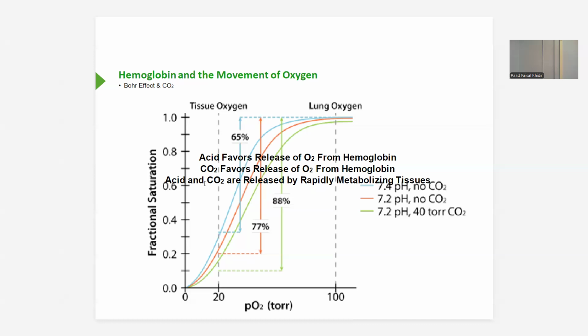Shift right. Very good. You're going to shift right to accommodate for that. Usually, at this pressure of oxygen, pressure 20, I'm supposed to give you 65%. But now, you are not only dealing with just 20, now it has metabolic waste, I'm going to give you extra, so now you're going to lose more.